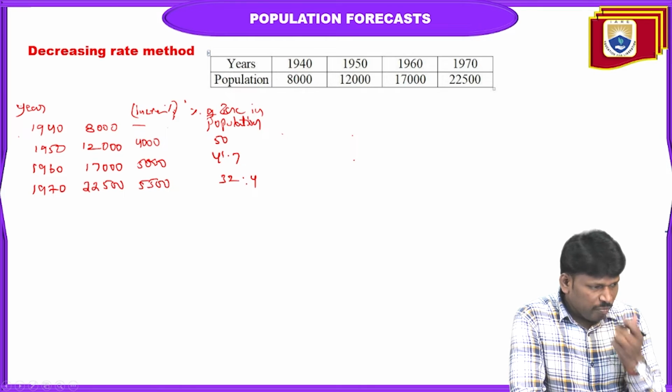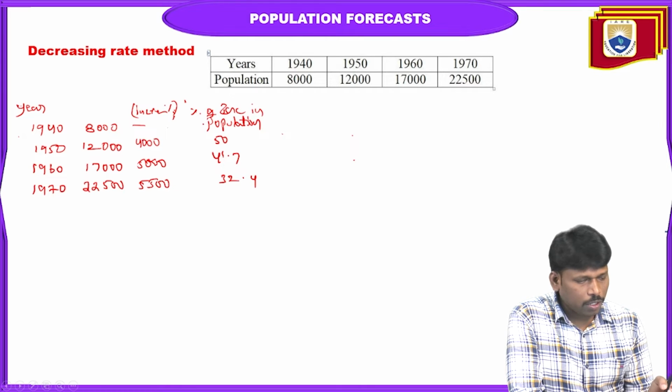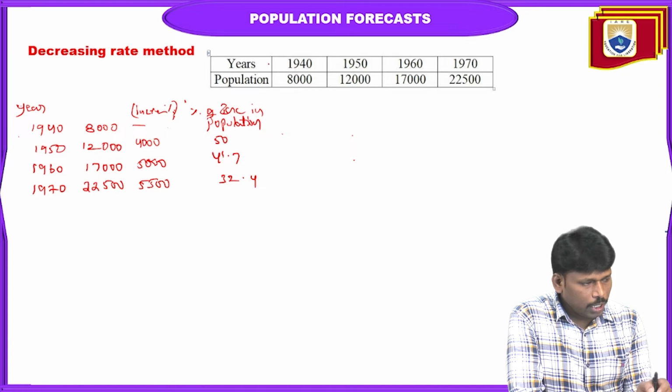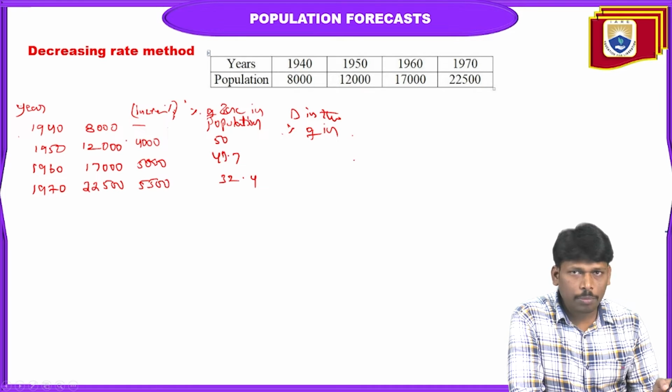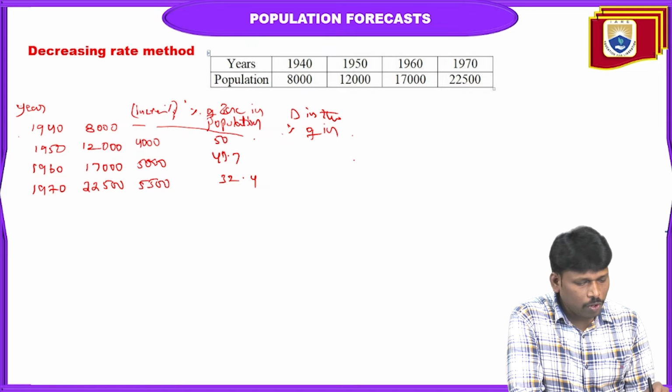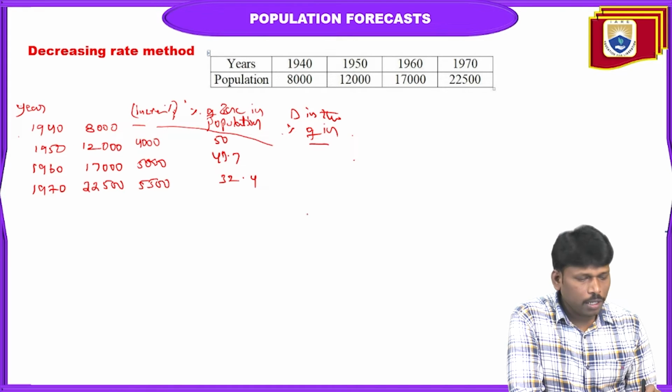Now we need to calculate according to our method the decrease in the percentage of increment. So now you see how much it is decreased. As in the previous case, we won't get any value for 1940. We need to calculate the difference in the percentage.